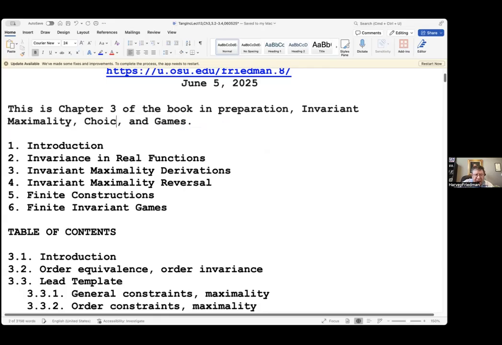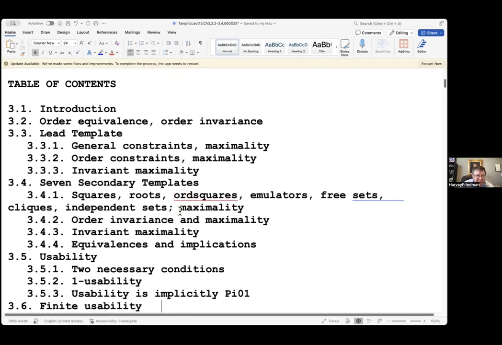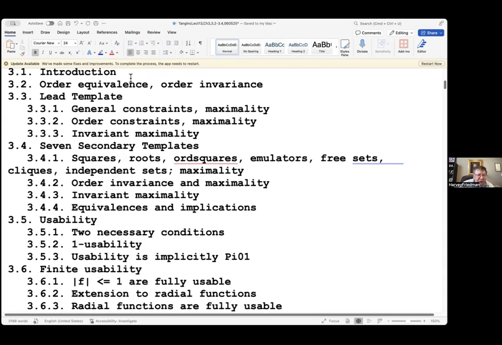I've changed the title a little bit of the book, and I'm also changing the titles of the chapters. So this is now current. The table of contents is partial for this chapter 3. Introduction will come later.